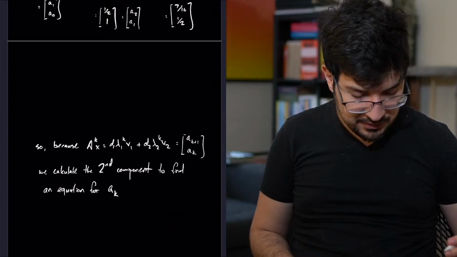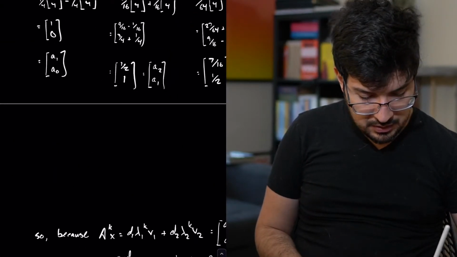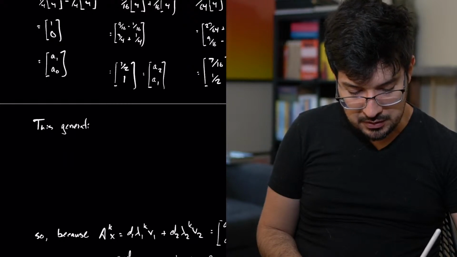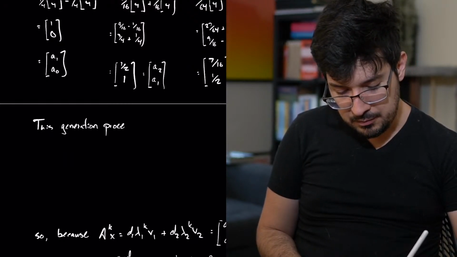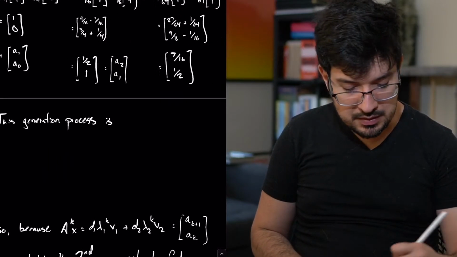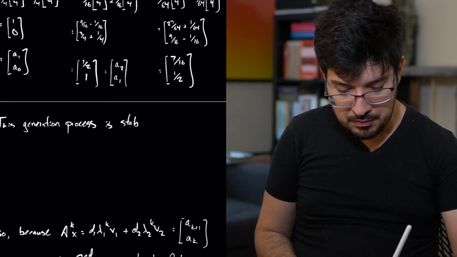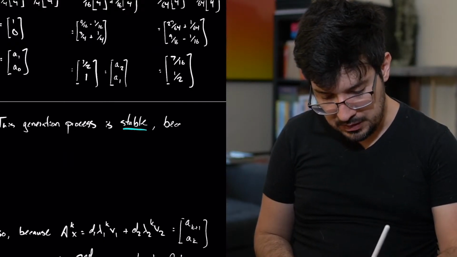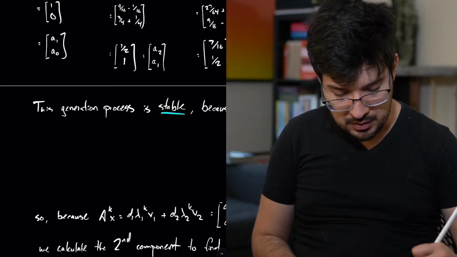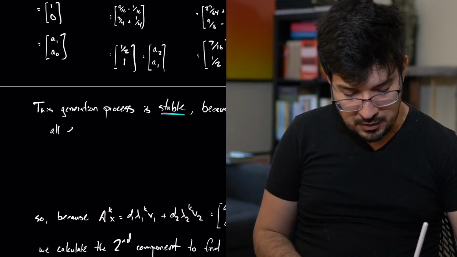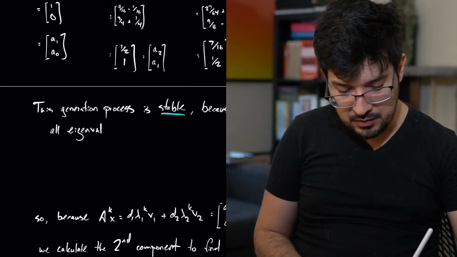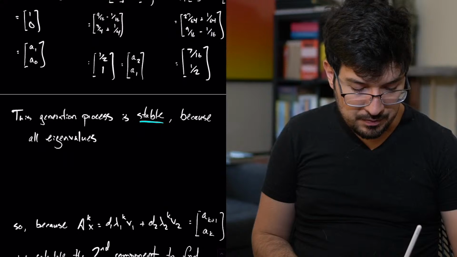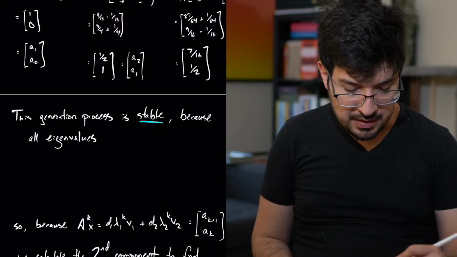But before we even do this, we can classify first this generation process is stable because all eigenvalues have magnitude less than 1.